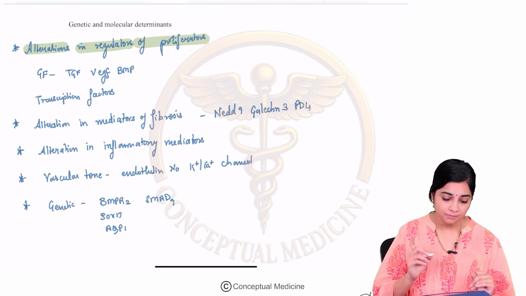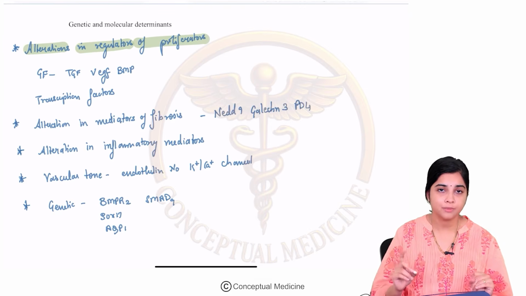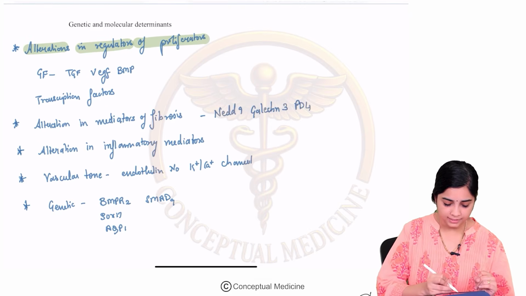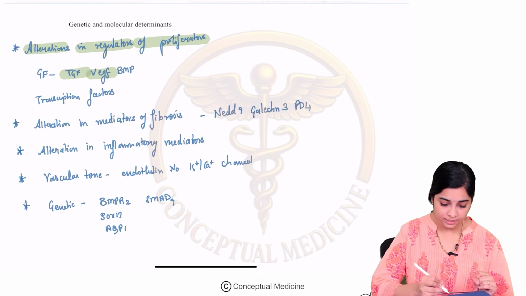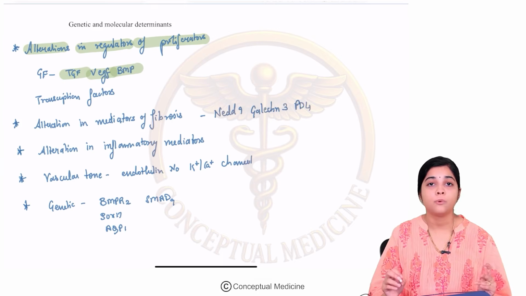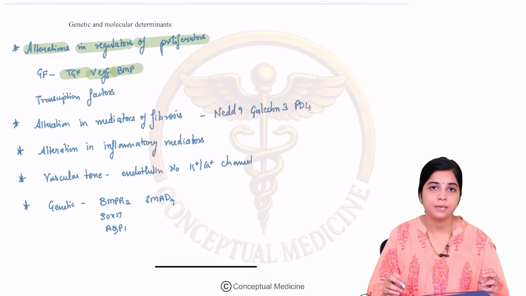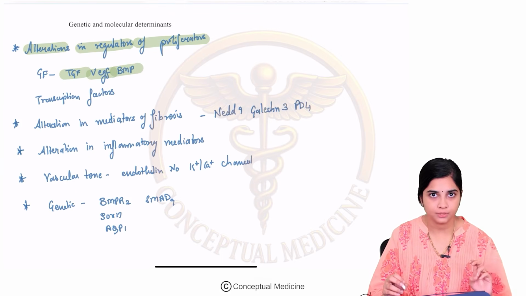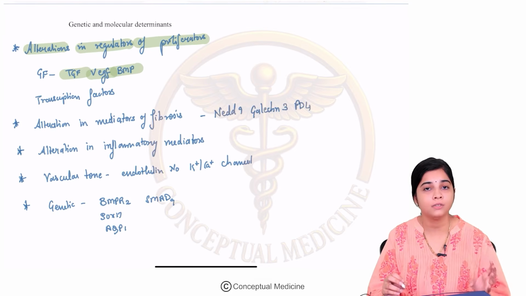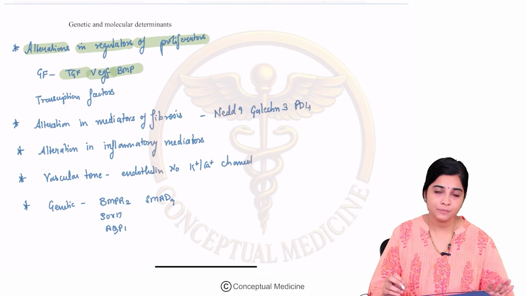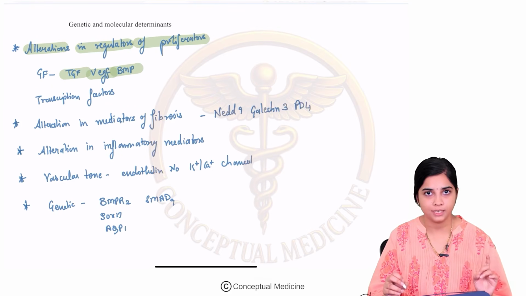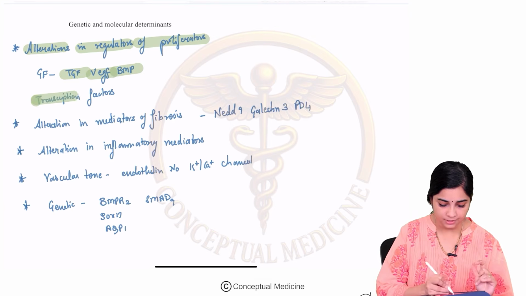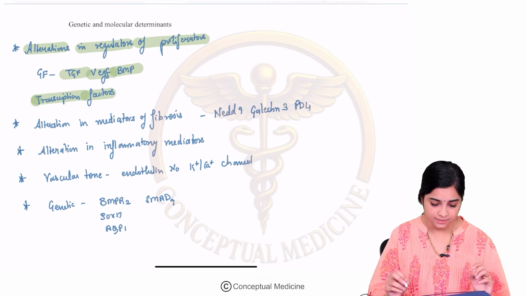Okay, so there can be alterations in the regulators of the proliferators like growth factors, like transforming growth factor, vascular endothelial growth factor, and your bone morphogenetic protein. BMP is your bone morphogenetic protein. So many of these factors are altered in your secondary forms of pulmonary hypertension and also in your idiopathic forms of pulmonary hypertension. Okay, there can be alteration in the transcription factors as well.